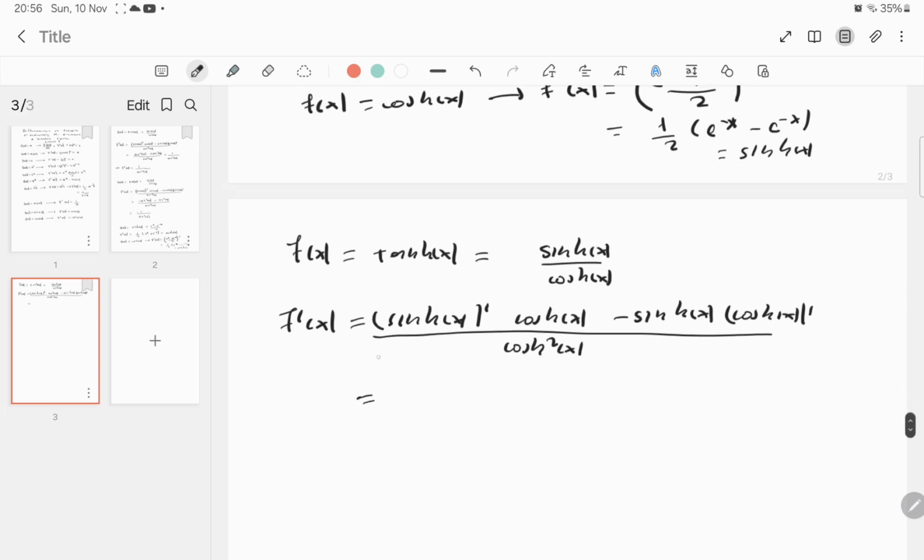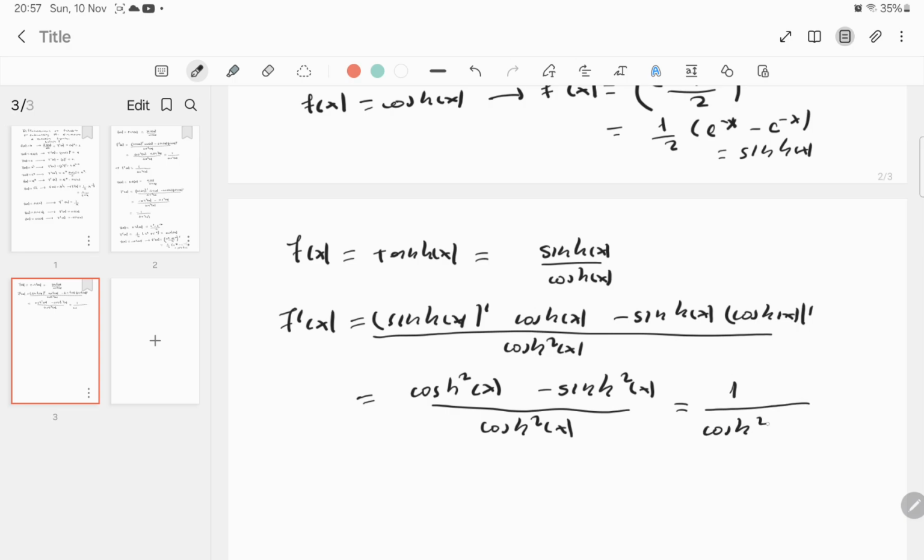The derivative of sine hyperbolic of x is cos hyperbolic, so it's cos hyperbolic squared of x minus sine hyperbolic squared of x over cos hyperbolic squared of x. Cos hyperbolic squared minus sine hyperbolic squared is 1, so we get 1 over cos hyperbolic squared of x.